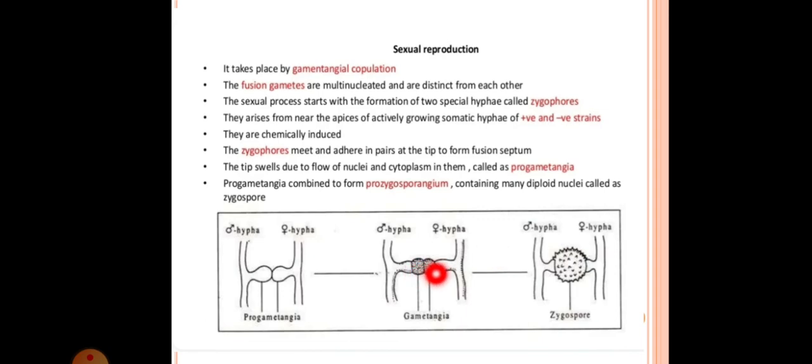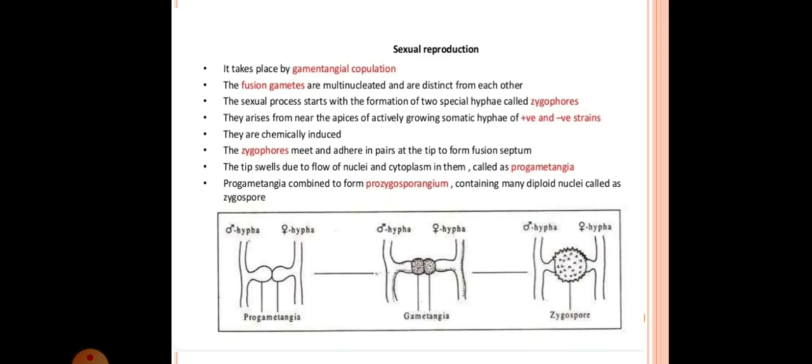They arise from near the apices of actively growing somatic hyphae of positive and negative strains, and they are chemically induced. They meet and adhere in pairs at the tip to form a fusion septum. Then the tip swells due to flow of nuclei and cytoplasm into it, and these are called progametangia.